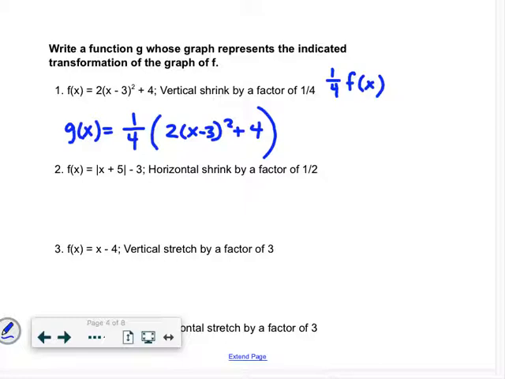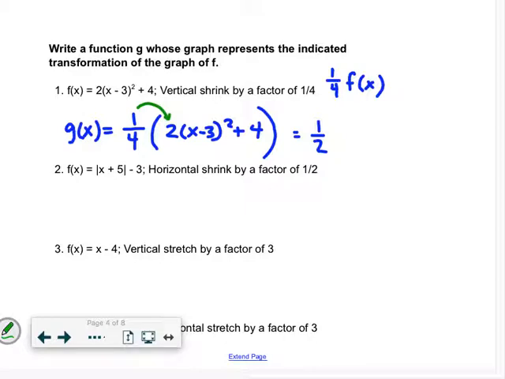Now, in this particular problem, when I distribute that 1/4, I can multiply 1/4 by 2, which gives me 2/4 or 1/2. And because 2 is getting multiplied by this quantity x minus 3 squared, this is all one term. I would not continue to distribute into this x minus 3 squared. That's not a term of the function.